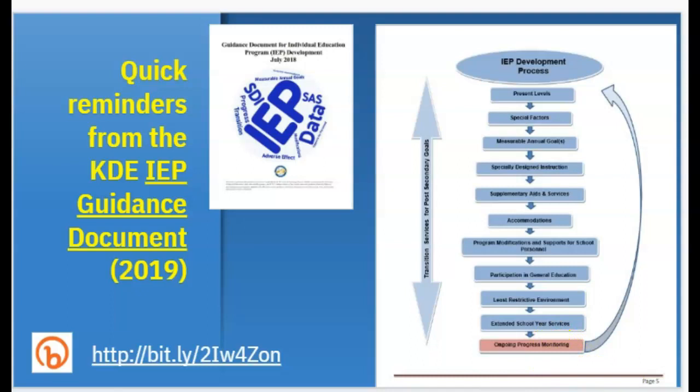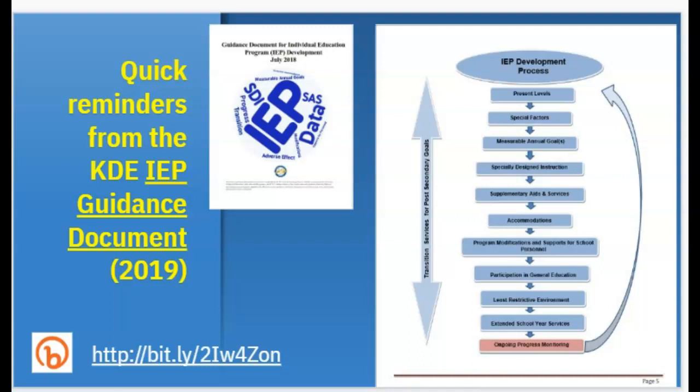And we know that we are looking at a student's progress monitoring data and their progress throughout the IEP development process. And also as we're analyzing, are they making progress on their goals? Is the specially designed instruction or the supplementary aids and services that we've chosen making an impact on this student's learning? Is the data telling us that there might be additional special factors that we need to be considering?